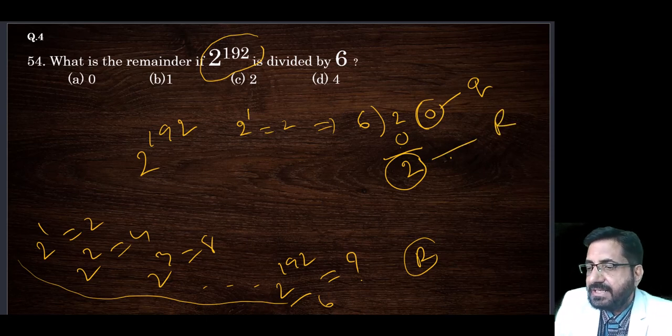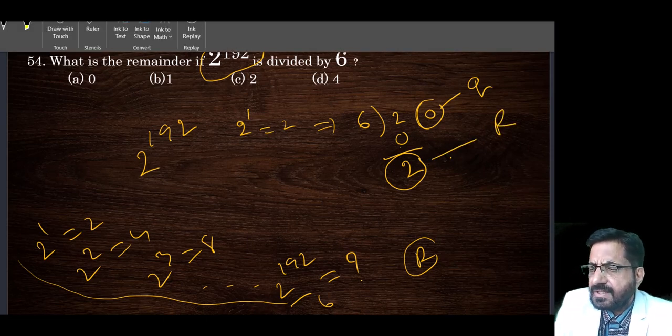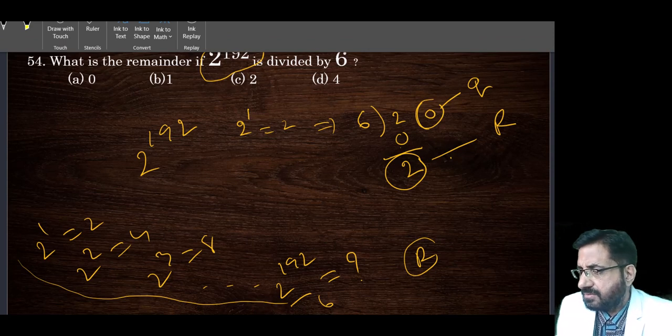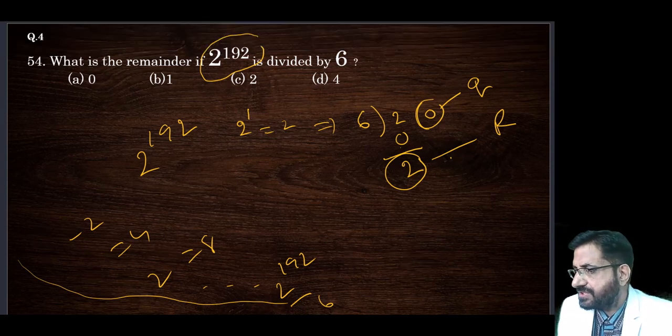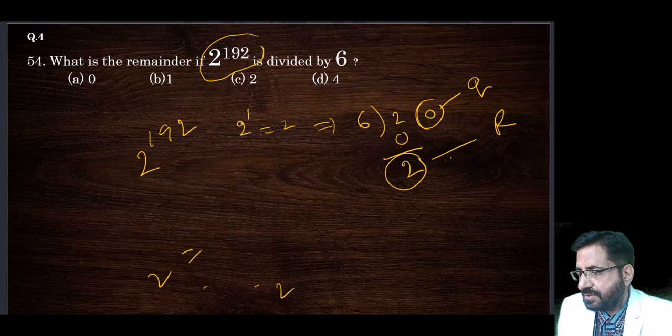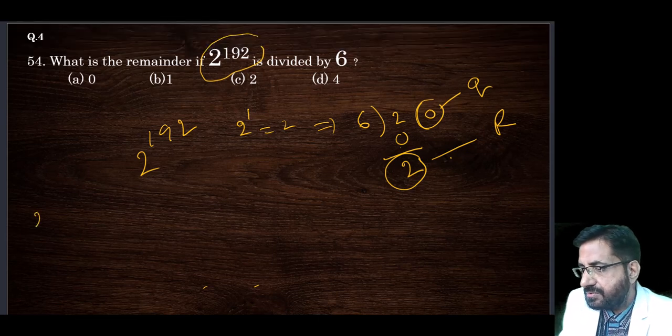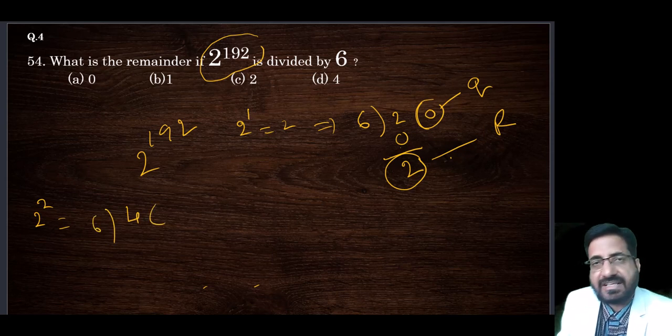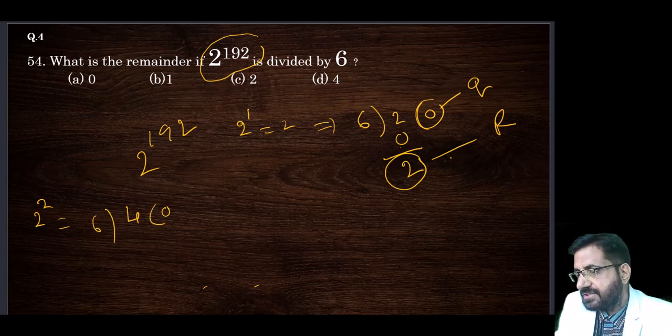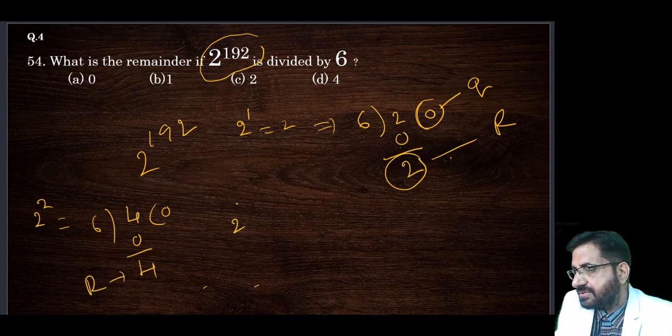Okay, again let me divide 2 raised to 2. 2 raised to 2 is 4. I am dividing this by 6. Again I cannot divide. So 6 into 0 is 0 again. Remainder will be 4.